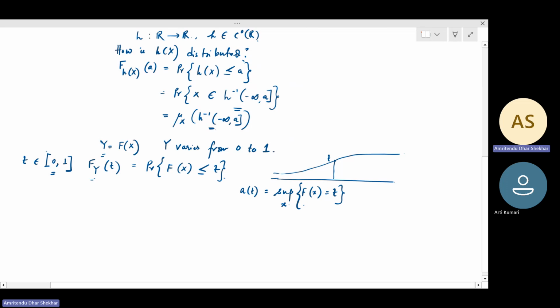Now you might think, why is there a sup? Because the CDF need not be monotonically increasing at t. In fact, you could have something like this. So t need not be just one value, but could be an entire set of values.